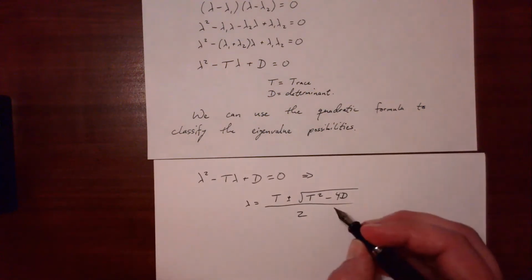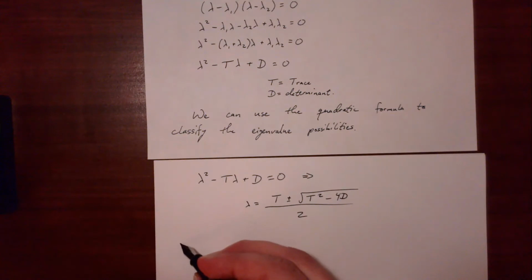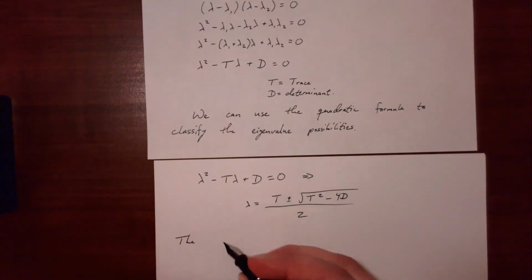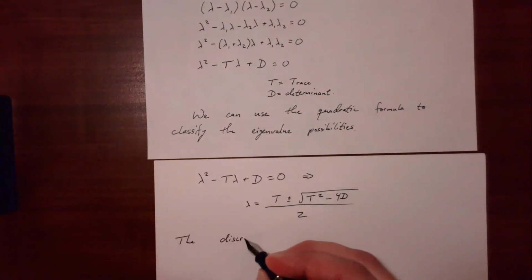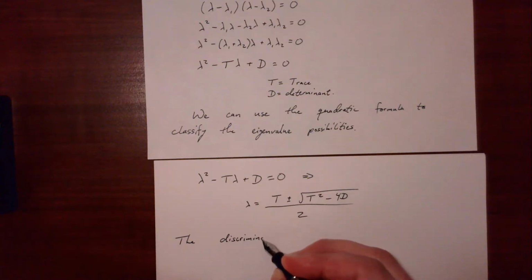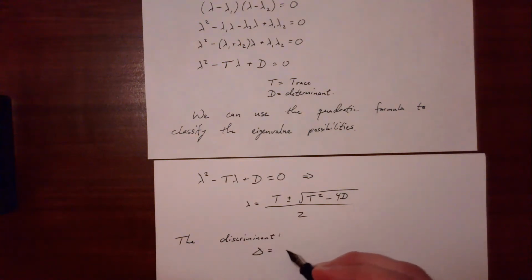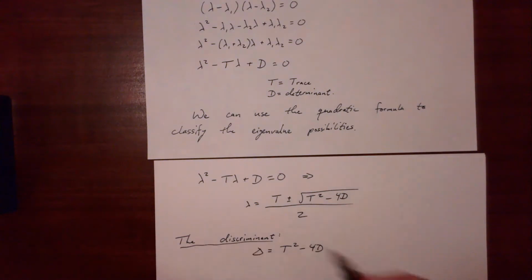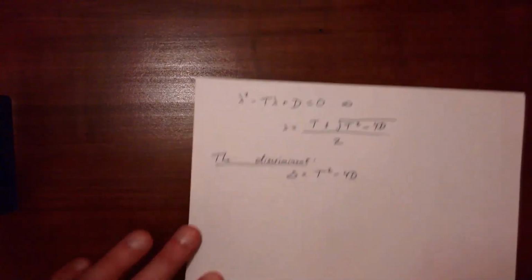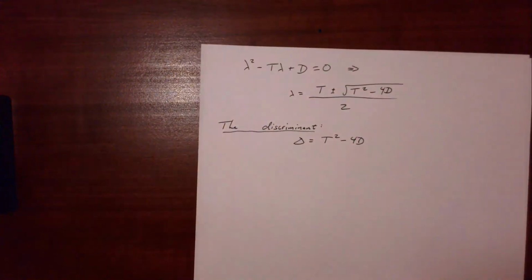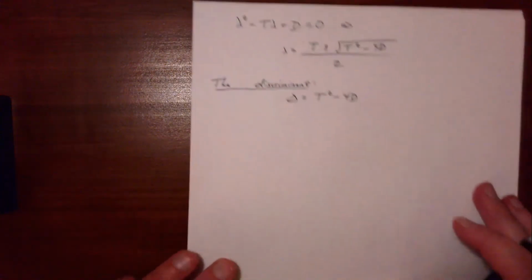Now, if we look at the discriminant, delta equals t squared minus 4d, this will determine the nature of the solutions that we'll find.